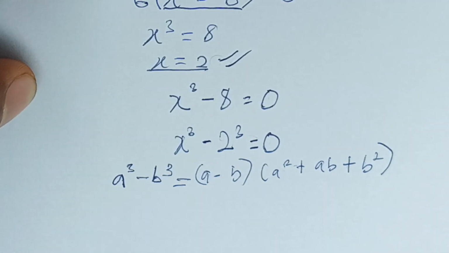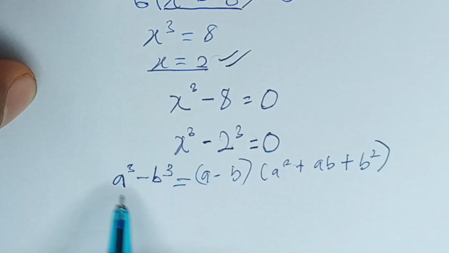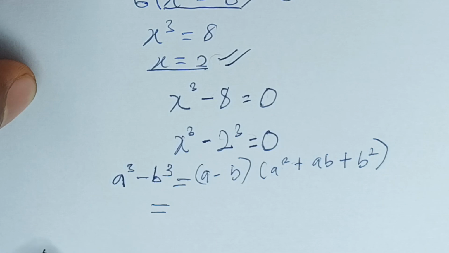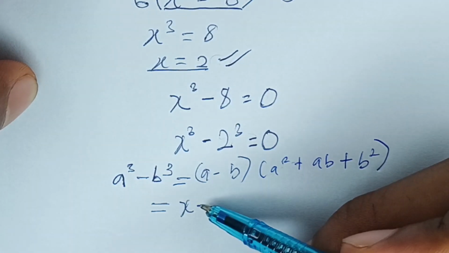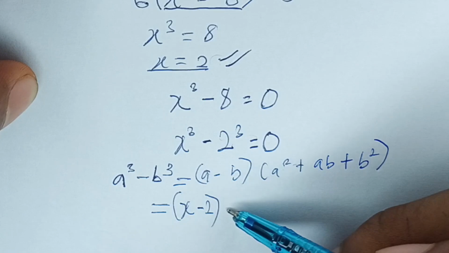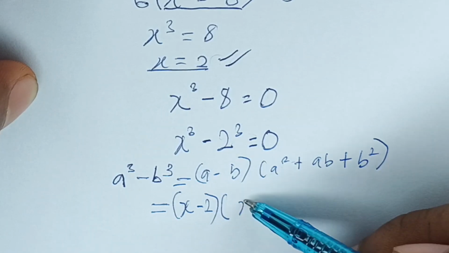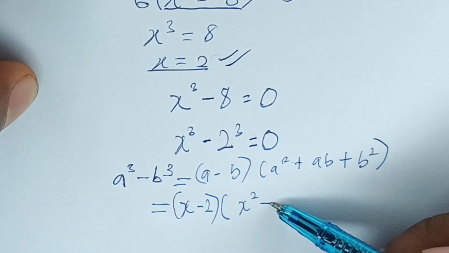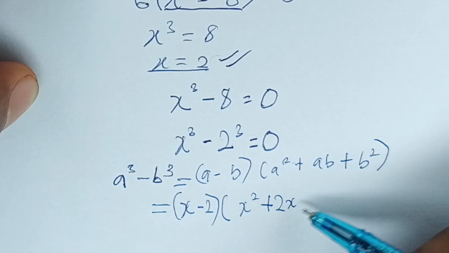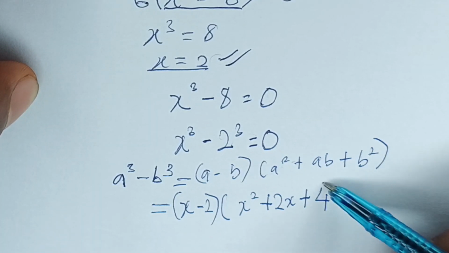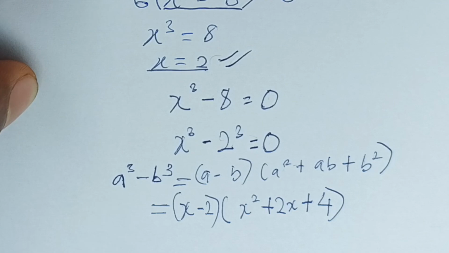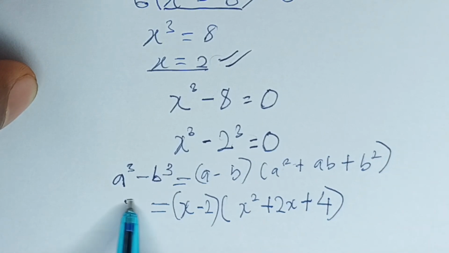Now we're going to do that here. So this will become equal to, a becomes x, so we have x minus 2 into x squared plus 2x plus 2 squared, which is 4.